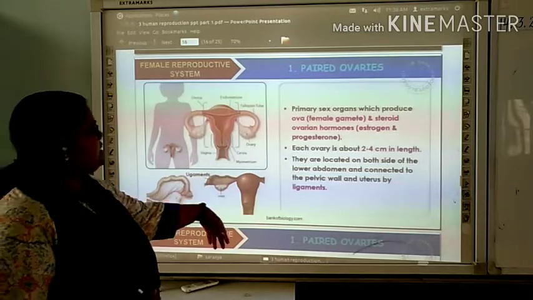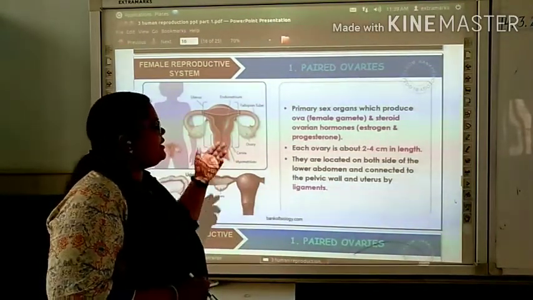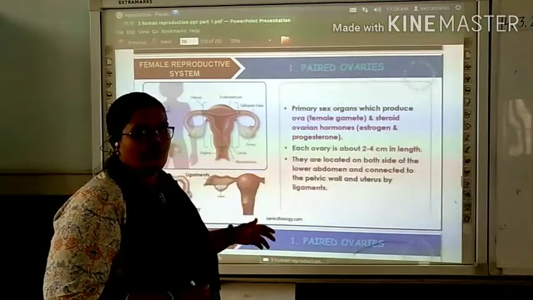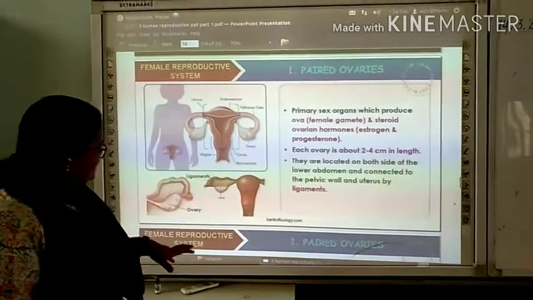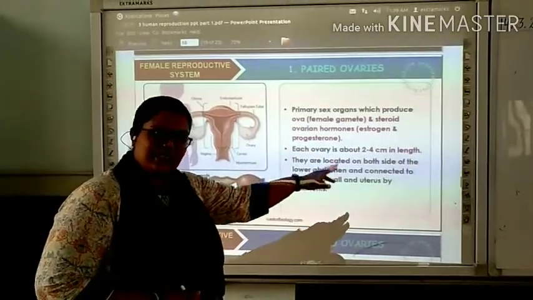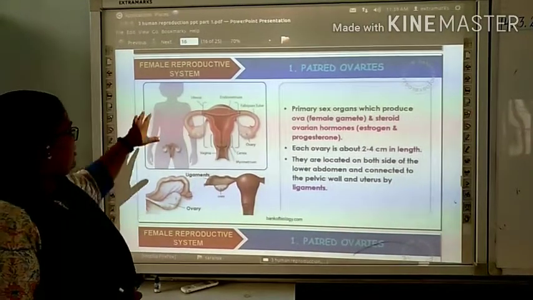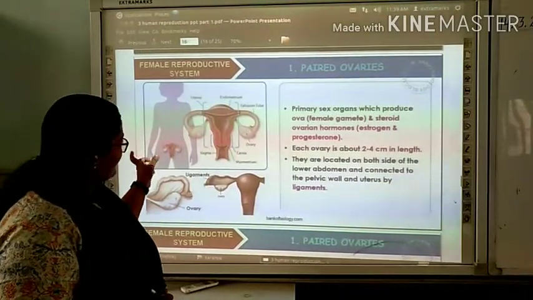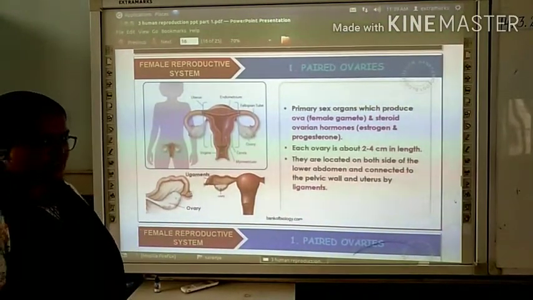You can see that the primary sex organ produces ova or ovum, and also the steroid hormones, the female hormones, estrogen and progesterone. It will be about 2 to 4 cm in length, located in the lower abdominal part, and connected to the pelvic wall and uterus by connective tissue, the ligaments.